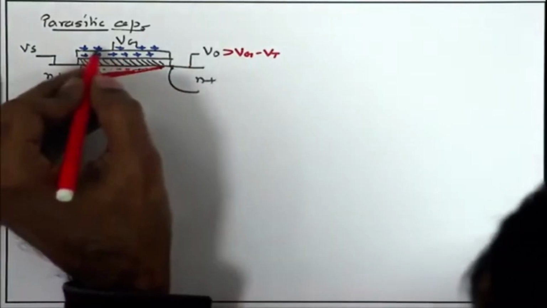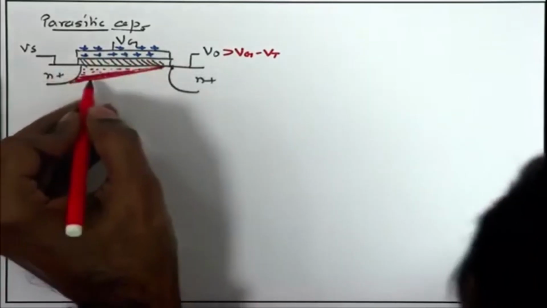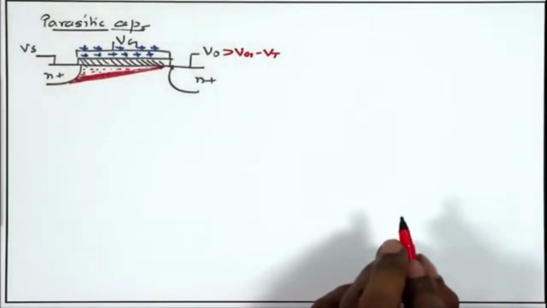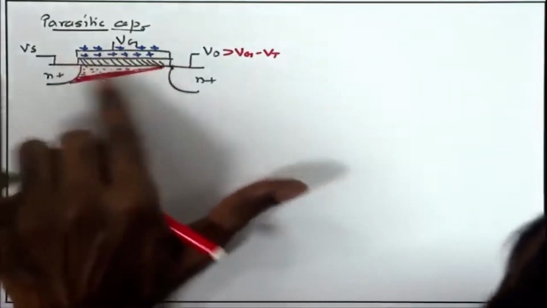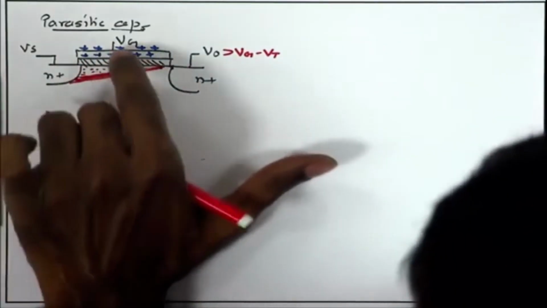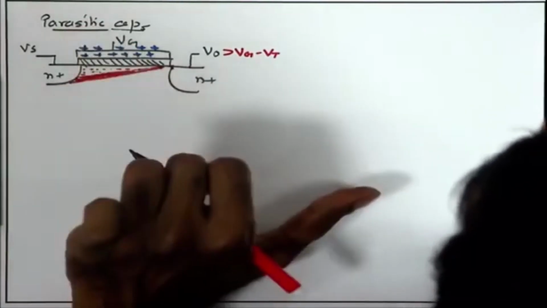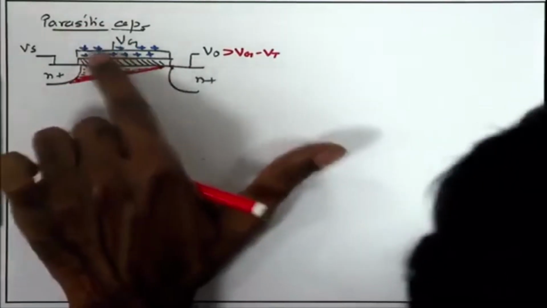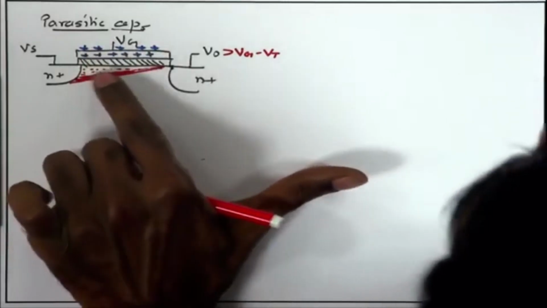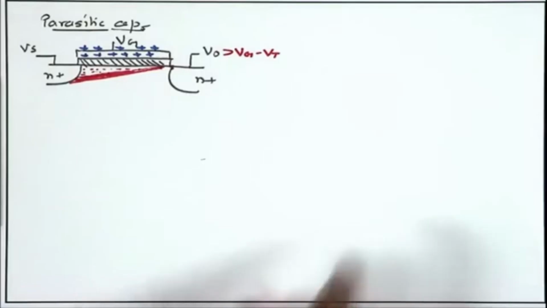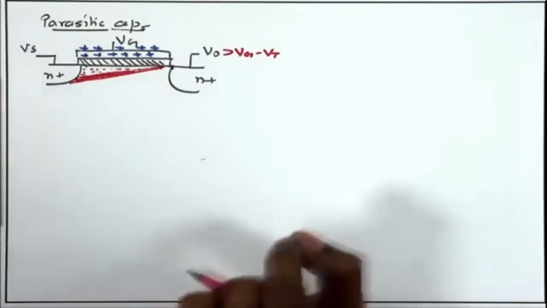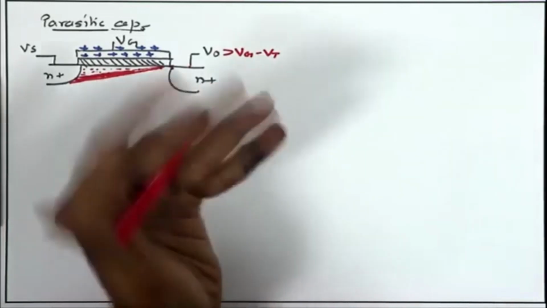So, there is a charge storage mechanism present in the device. Whenever you increase the gate voltage and store more positive charge, it has to be balanced by an equal amount of negative charge in the channel. Whenever there is a charge storage mechanism in a device, we say there is an equivalent capacitance present, because capacitance determines the charge storing capacity of the device.